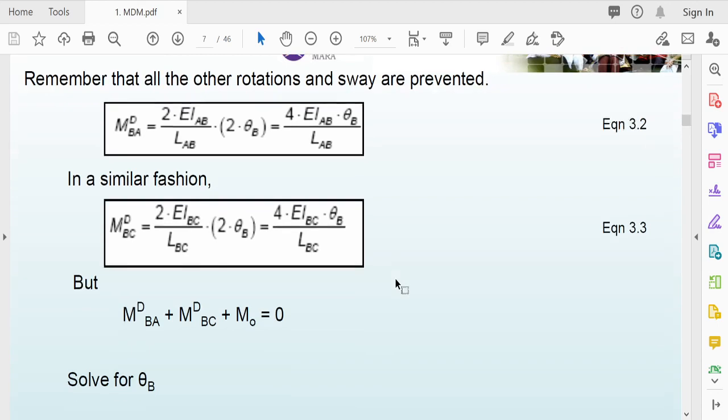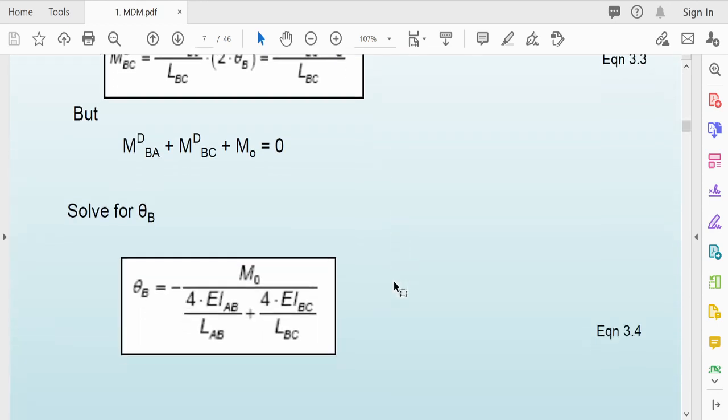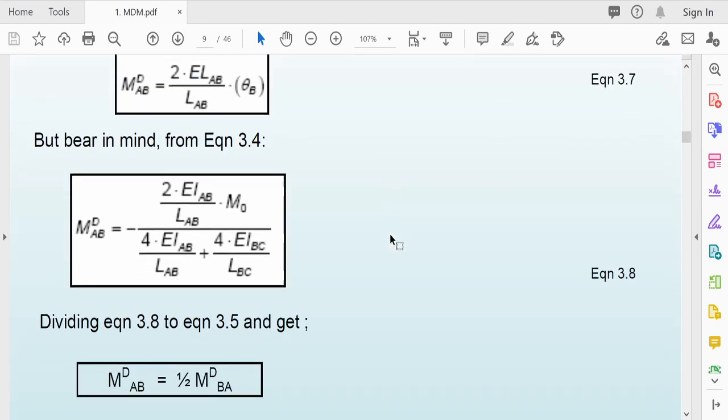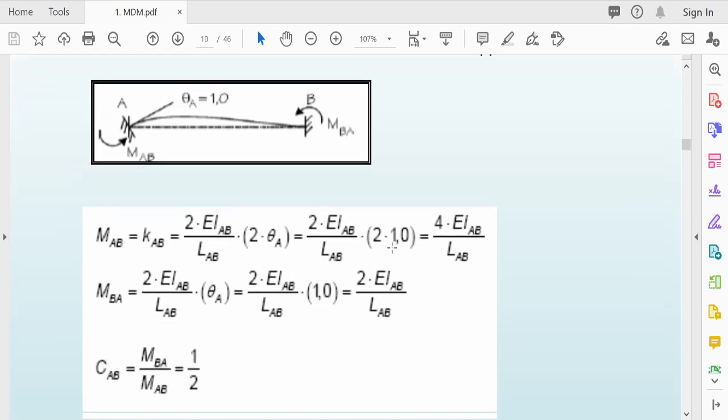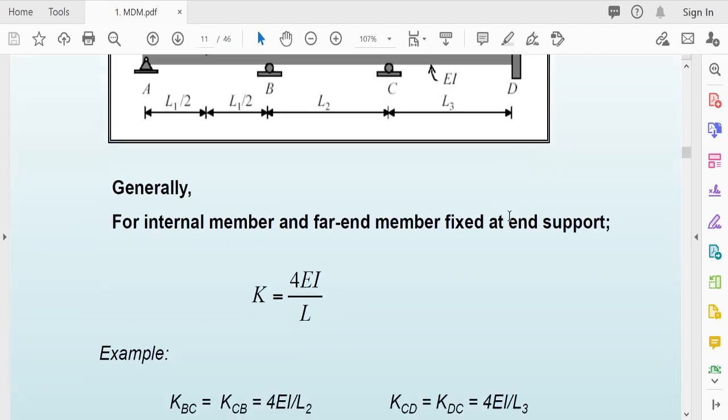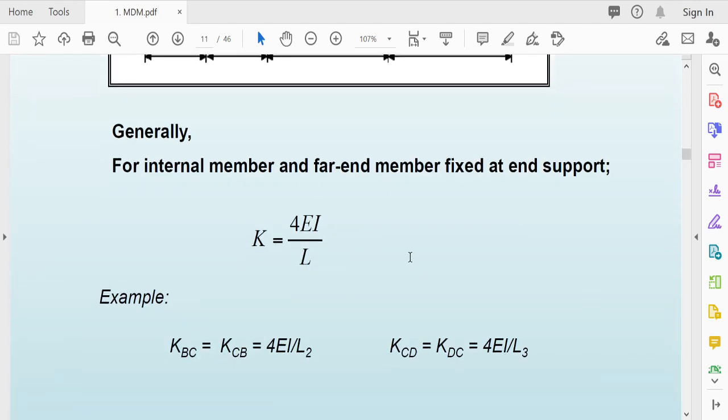I want to skip this because I have explained this in detail in my previous video. This is K, the stiffness factor for internal member and for end fix.